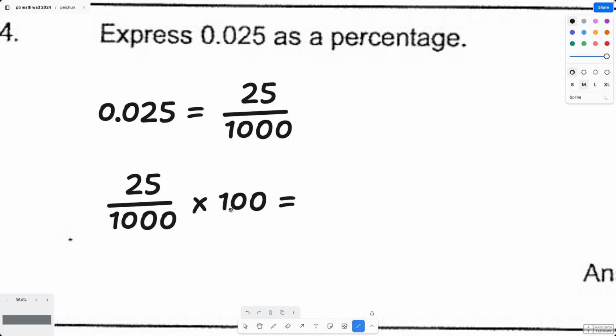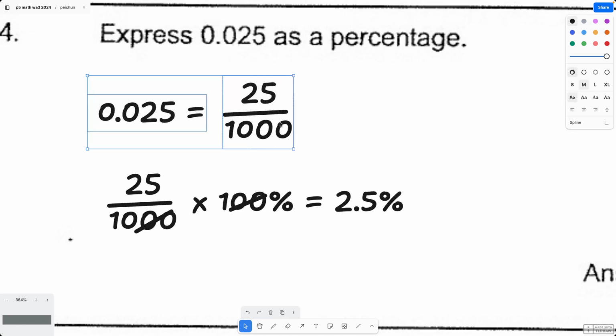So we can cancel the 2 zeros and the 2 zeros over here. So then what is 25 divided by 10? Okay, so this is percentage. What is 25 divided by 10? If you remember, it is 2.5, right? So 2.5%. So the answer to this is 2.5%, right?